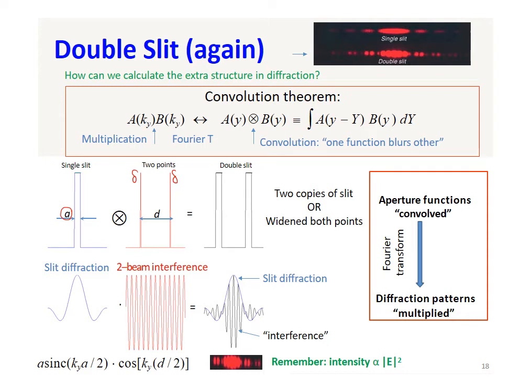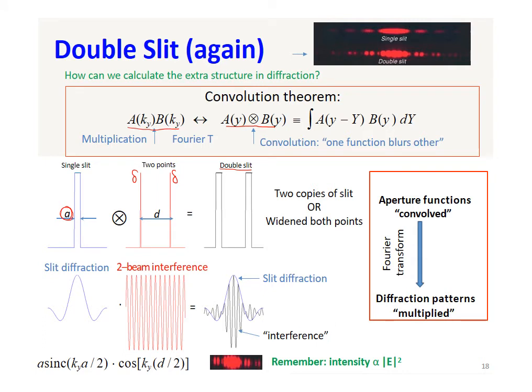So to work out our new aperture function, we will convolve our single slit of width a with our 2 delta functions, which gives us a double slit. Now, convolution theorem tells us that if we convolve 2 functions, the Fourier transform of that is simply the product of their respective transforms.